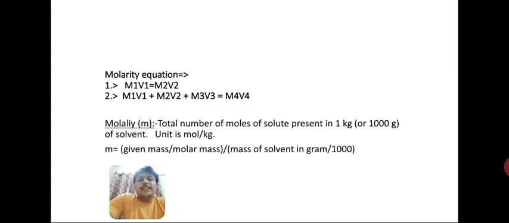Now where do we use the second one, that is m1v1 plus m2v2 plus m3v3 equal to m4v4? Suppose in a question 3 different solutions are given with their individual molarity and volume, that means 3 different molarities and 3 different volumes are given, clear? And these all are going to be mixed together.